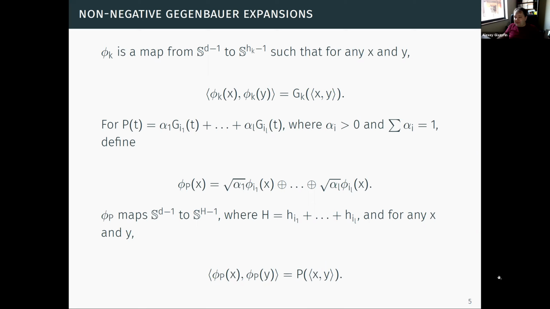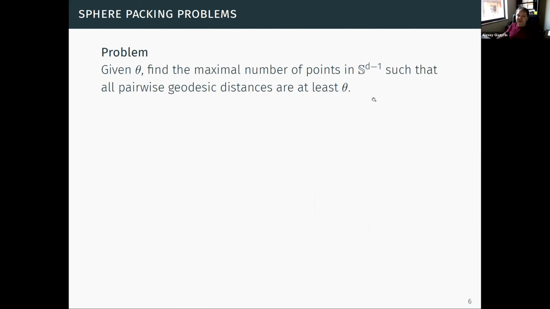For the first convincing argument, I'm going to talk about packing bounds on the sphere. Well, the standard sphere packing problem: finding the maximal spherical code given the separation distance. So if you're given an angle, you may be asked about finding the maximal number of points such that all pairwise distances are at least this angle.